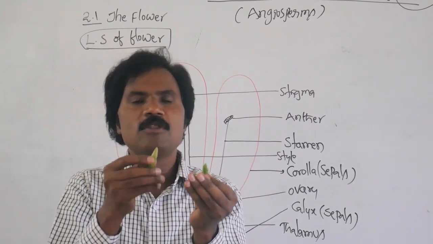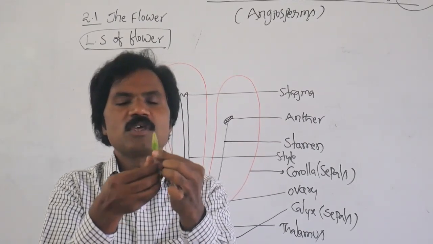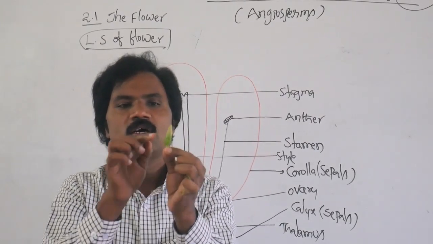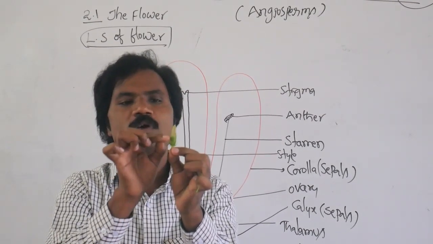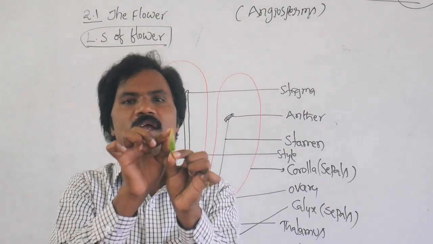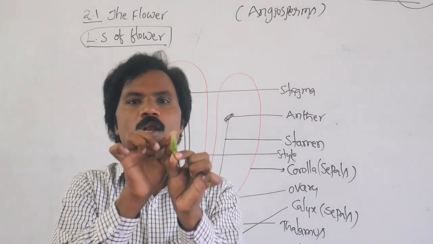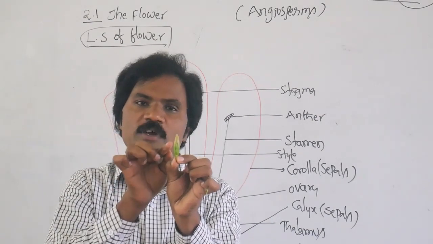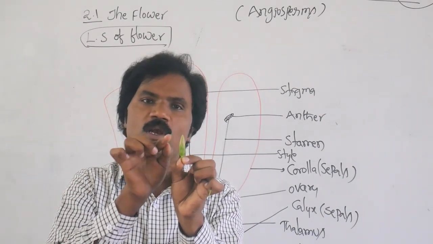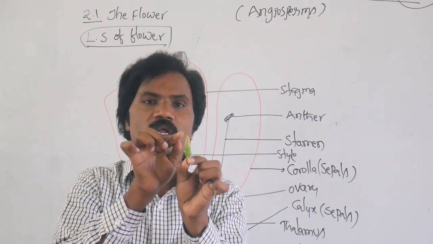If you observe the second stage of this flower, this part is the calyx and the second whorl is the corolla. The stamens and pistil are not at all visible.